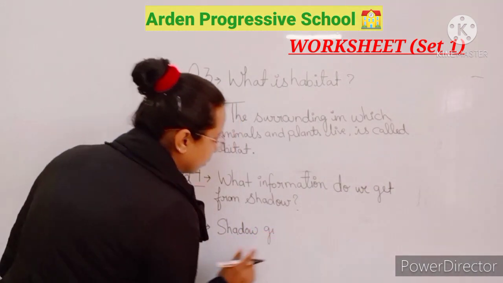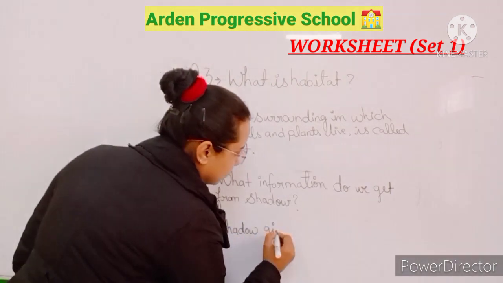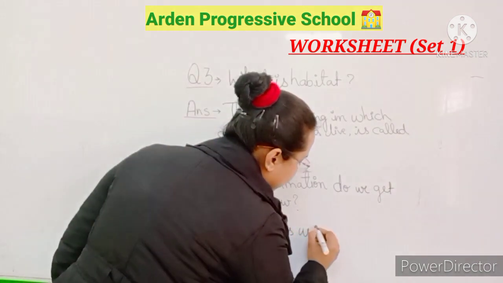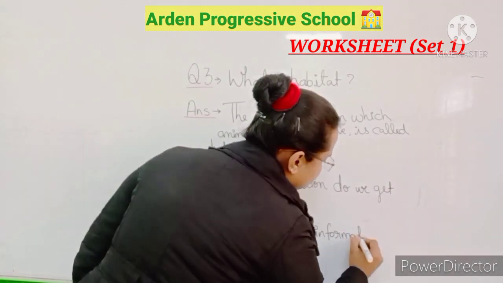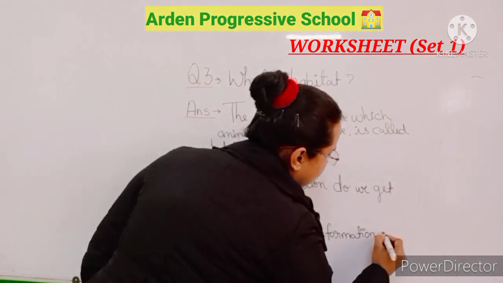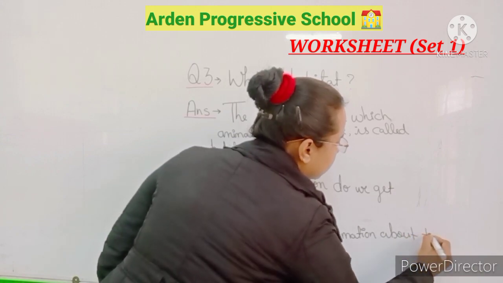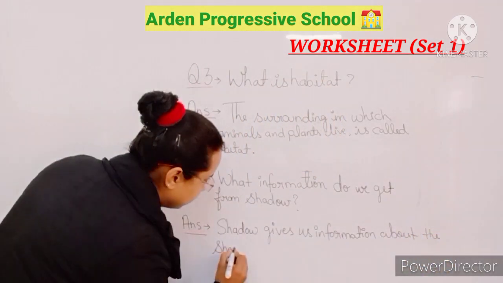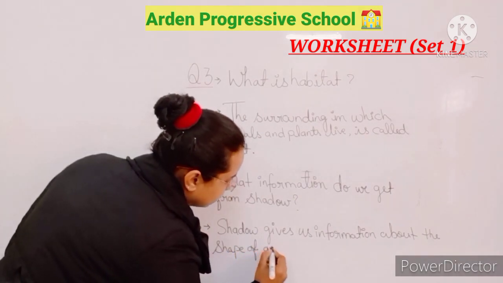The shadow gives us information about the shape of an object.